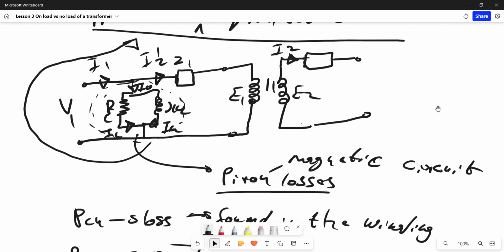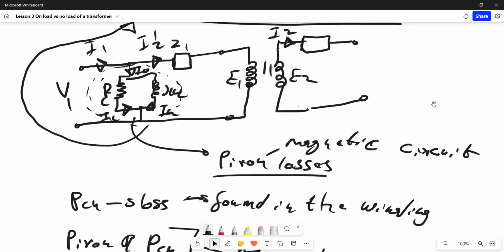In a short circuit test, the voltage is 10% of the rated voltage, which circulates full load current on the other side of the winding under short circuit conditions. So we assume that the iron losses are neglected, because since iron losses depend on the rated voltage, 10% is too small to make the iron losses of any significance.